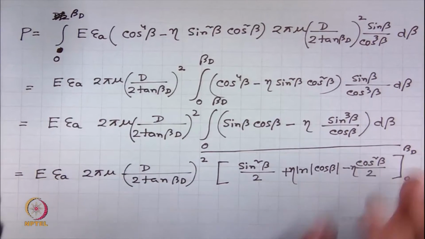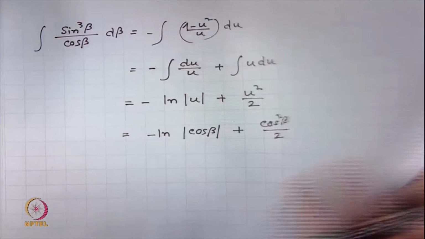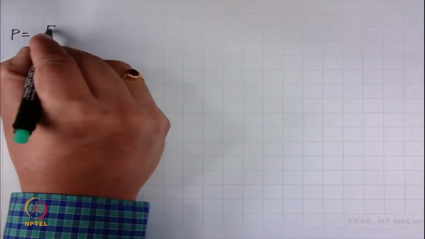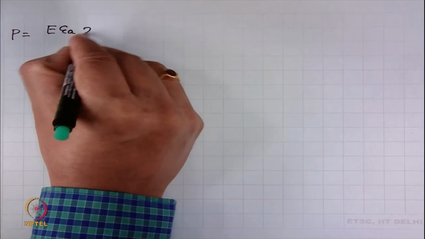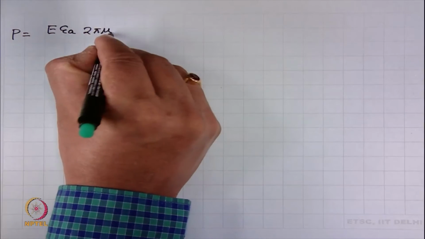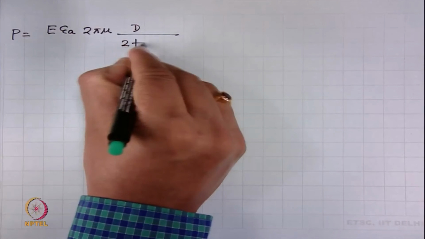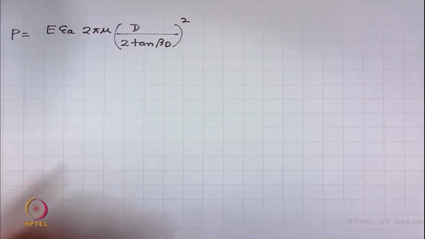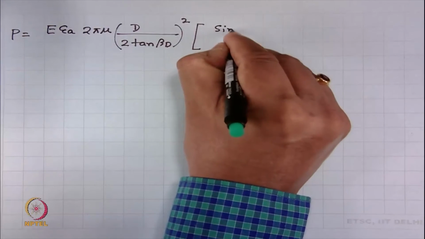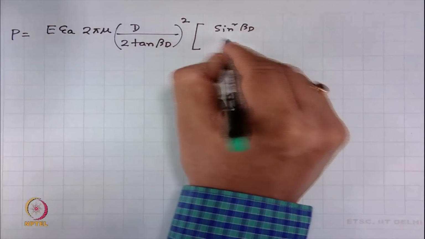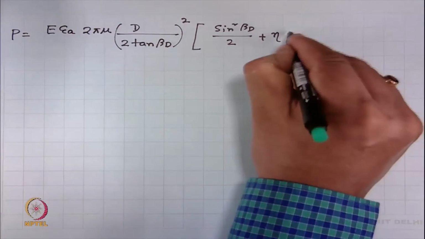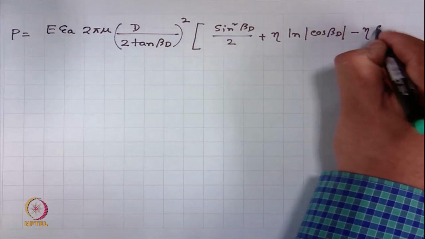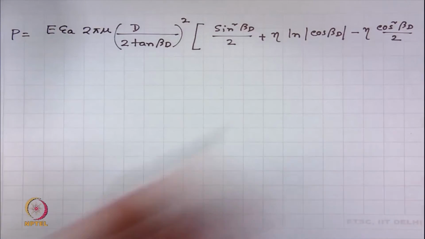So, we will now write this. So, P equal to E epsilon A by 2 pi mu d by 2 tangent beta d square, sin square beta d by 2 plus eta ln cos beta d minus eta cos square beta d by 2.